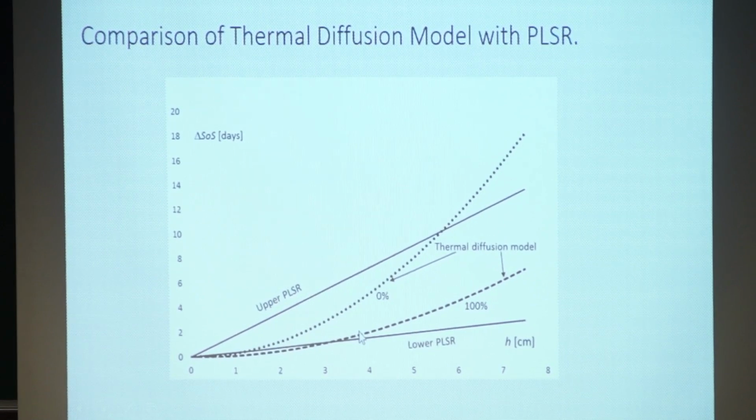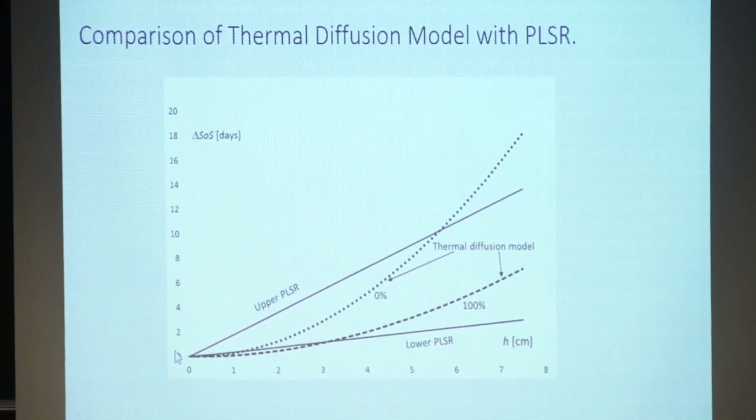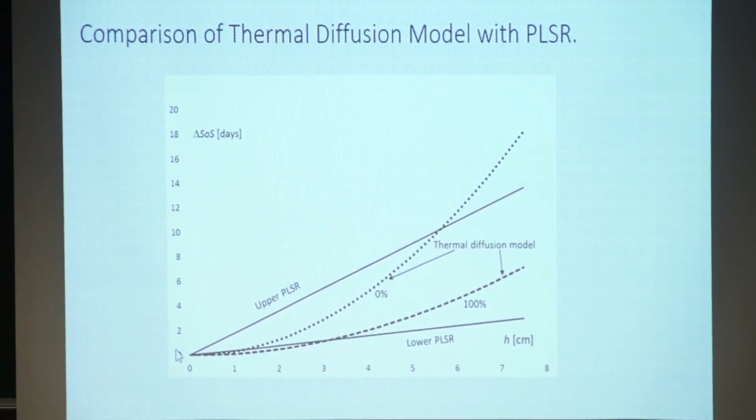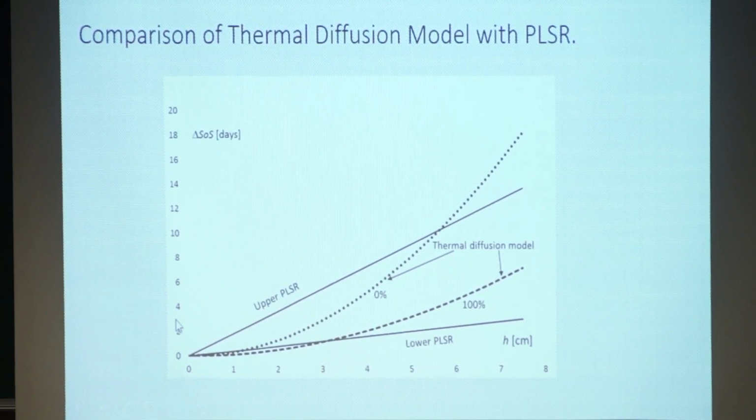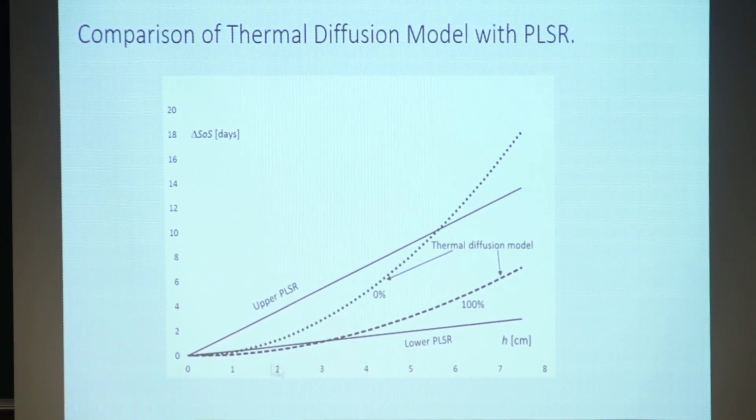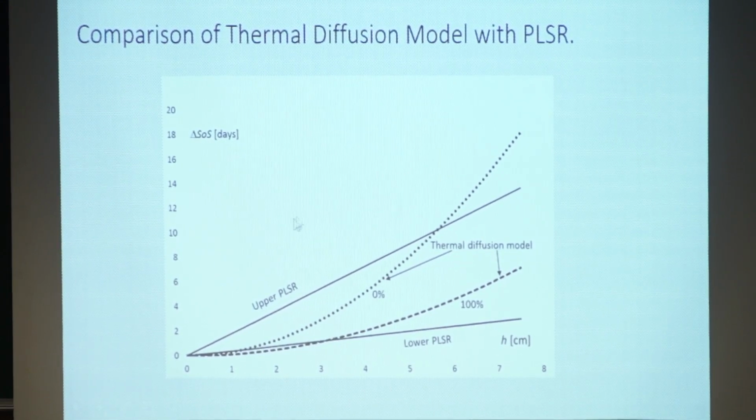So it's still showing an increase in the delay. This is the delay compared to atmospheric temperature, the delay of warming up at the bottom of forest floor compared to atmospheric temperature. And you can see that depending on the thickness of forest floor, it can go up to a couple of weeks.